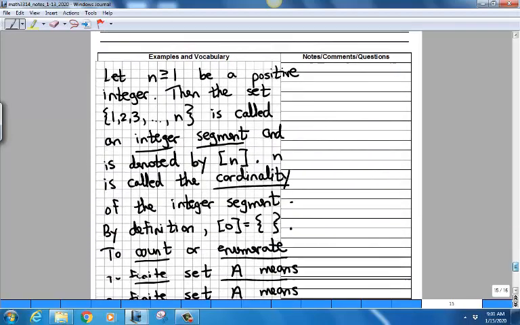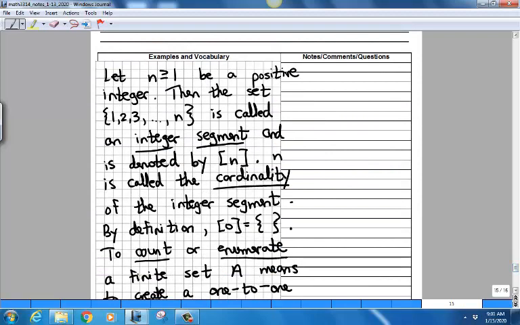Now to associate just a little bit of mathematical terminology with this process: suppose you have a positive integer. Then if we take the set 1, 2, up to whatever that chosen positive integer is, that set of positive integers, we're going to call that an integer segment.